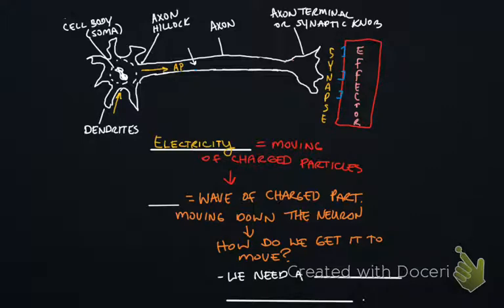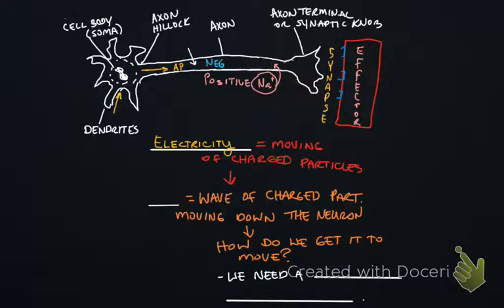In cells, the inside is generally more negative than the outside. Okay? And that's due mostly to the sodium found out here, because they have that positive charge. And when sodium moves into the neuron, that's basically electricity.